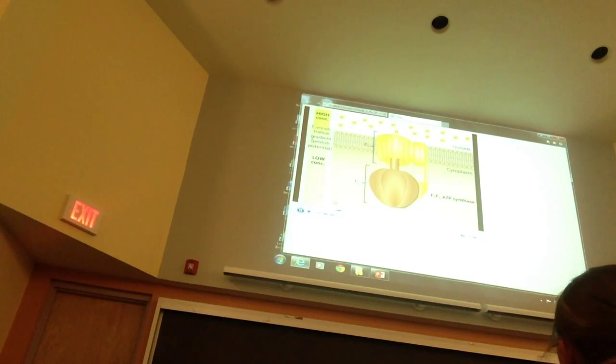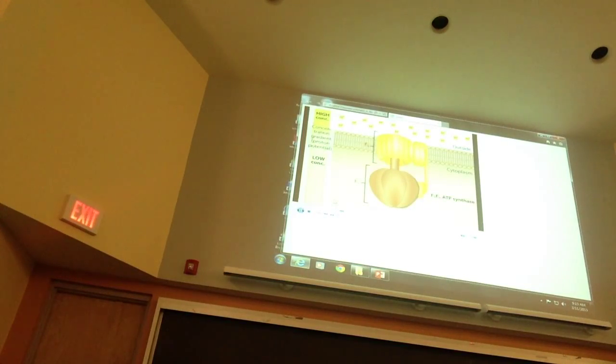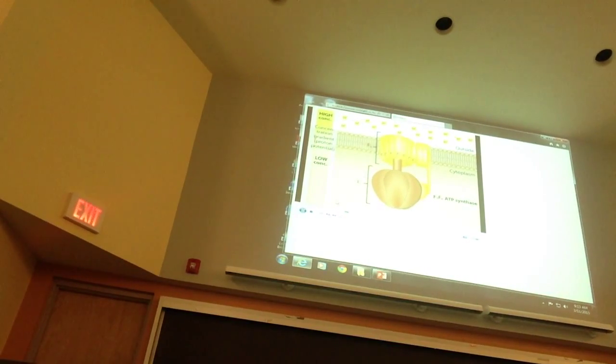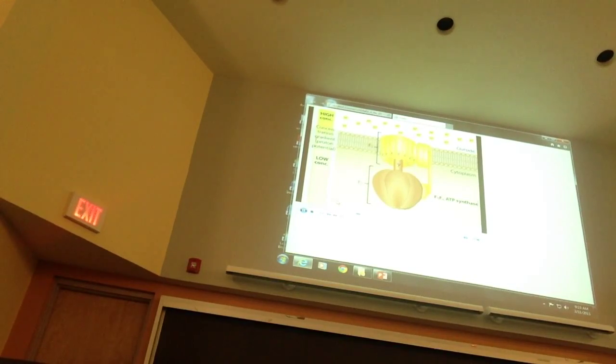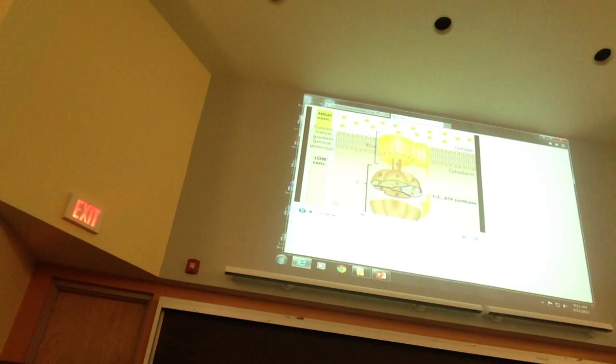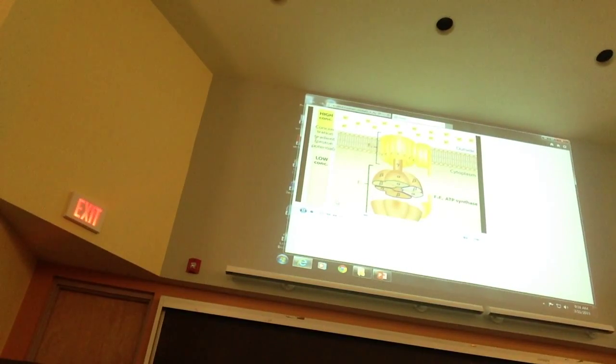FO consists of 12 identical subunits designated C. A central stalk, called the gamma subunit, extends from FO through F1. Surrounding the gamma subunit in F1 are three pairs of alpha and beta subunits, which service the sites of ATP synthesis. Other subunits, designated A and D, connect the F1 knob to the membrane.